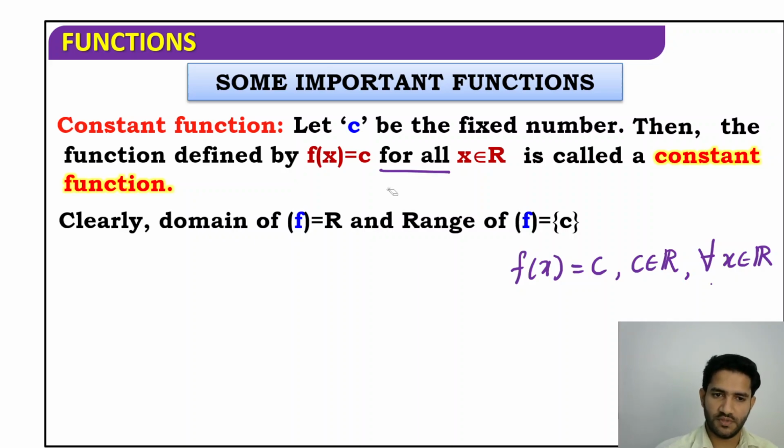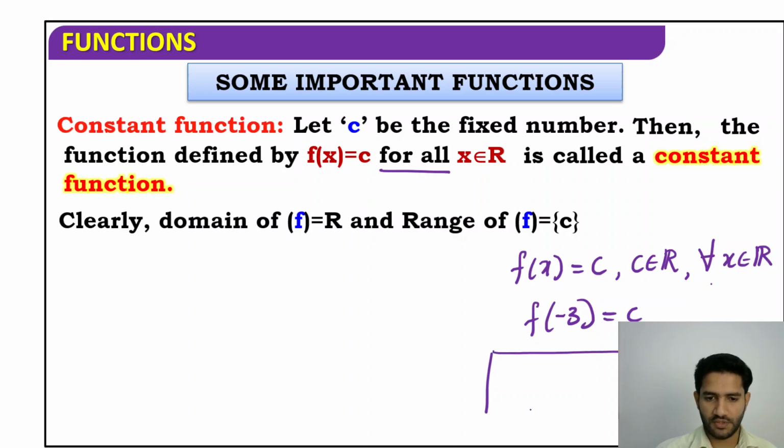f of 2 is C. f of 3 is C, because it's constant. For example, f of minus 3 is C. Or if you draw a table to draw the graph of this function, this is the x value, here we have the y value.